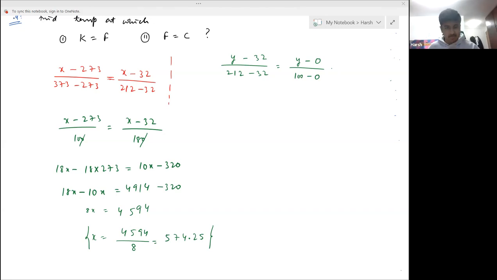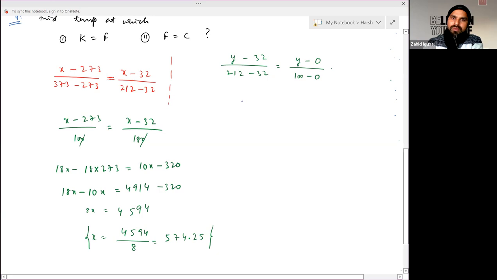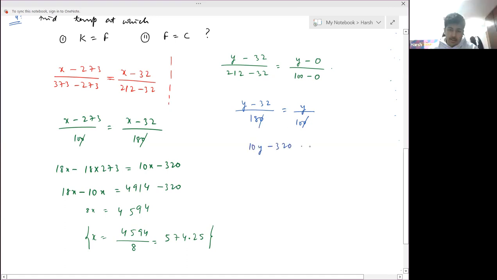Yes, done. Similarly, you may find the second part. So it will be (y minus 32) divided by (212 minus 32), it will be 180, equals y divided by 100. So this and this part will cancel out. Just cross multiply. 10y plus 320 equals 18y.